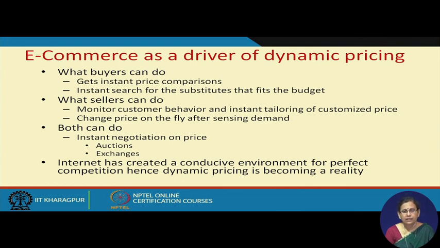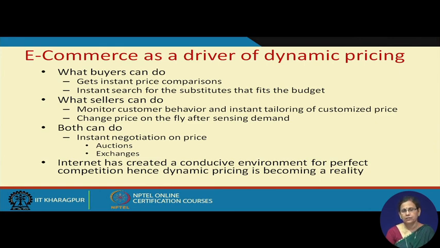Here both buyers and sellers have many freedoms. What are they? The buyers can get instant price comparison, they can instantly search for a substitute in the market which fits their budget.